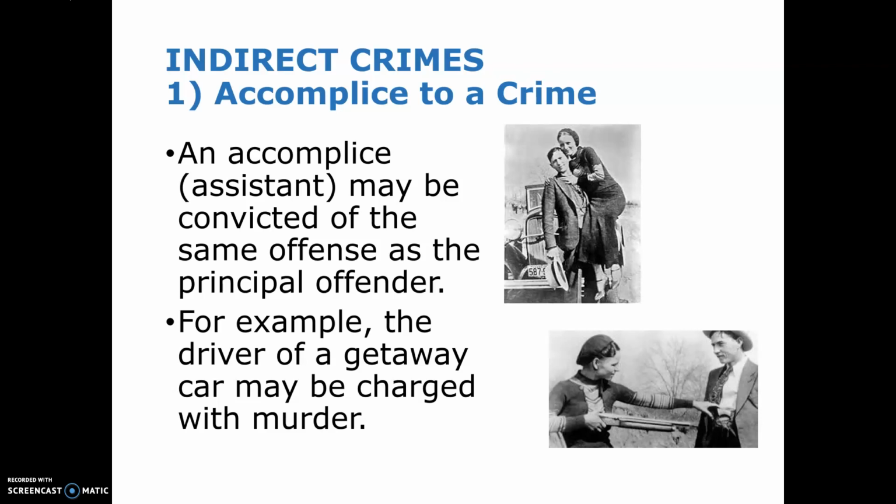We're going to talk a little later about a different classification of this, but a driver of a getaway car that's used after the principal offender commits a murder could be charged with that same murder. It depends on a few different factors, and we'll talk about that more in a little bit. But just so you're aware, the accomplice actually helps in the commission of a crime.